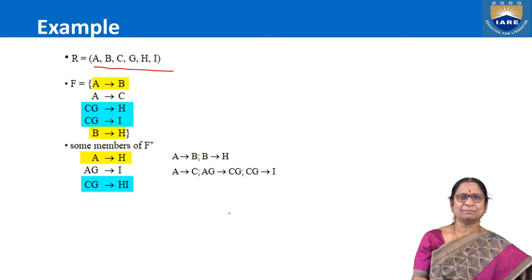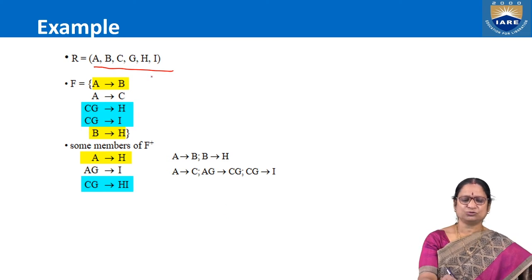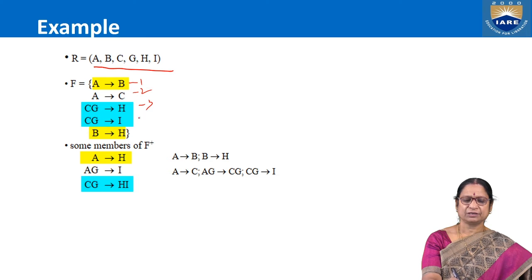We will generate some members of F plus. I'll give some examples. You can generate more also. For example, number these FDs as 1, 2, 3, 4, 5.